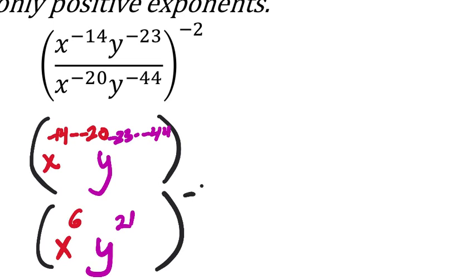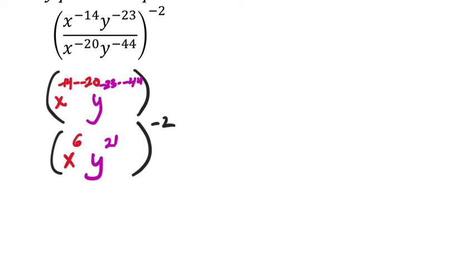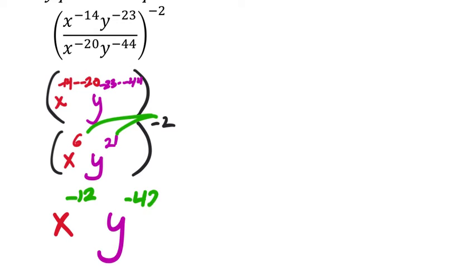Now I will look at this negative 2 exponent on the outside, okay? So that's a distribution of exponents, right? First we got x's, and that'd be 6 times negative 2, which is negative 12. So x to the power of negative 12, and then y to the power of 21, but 21 times negative 2, which is negative 42.